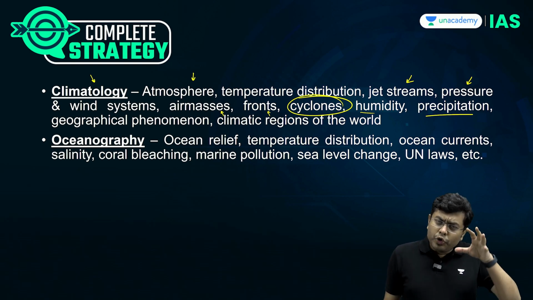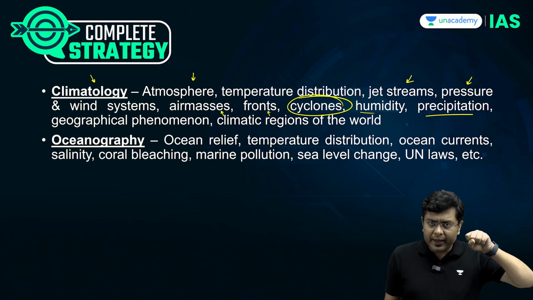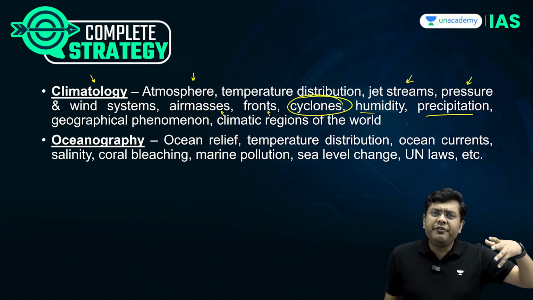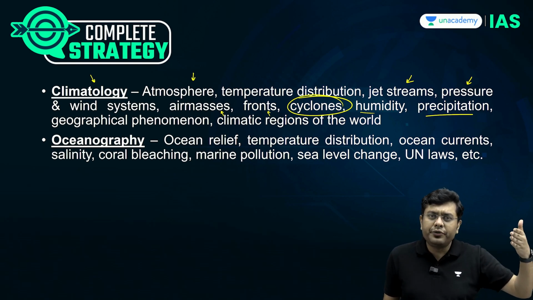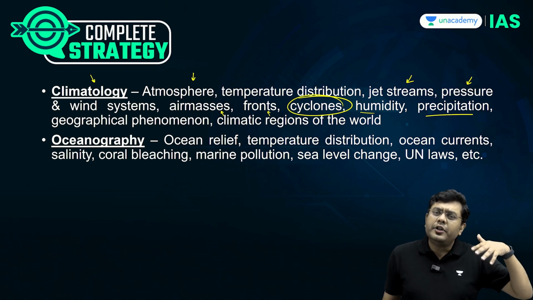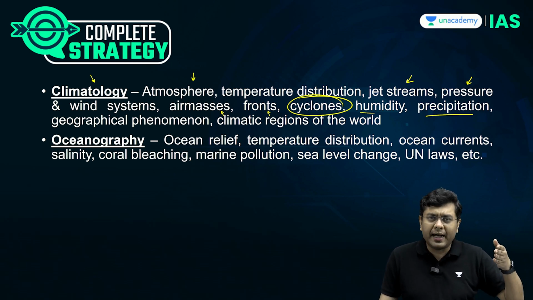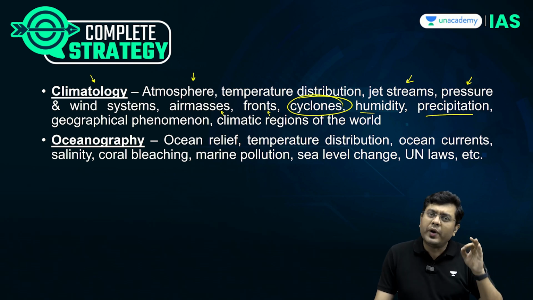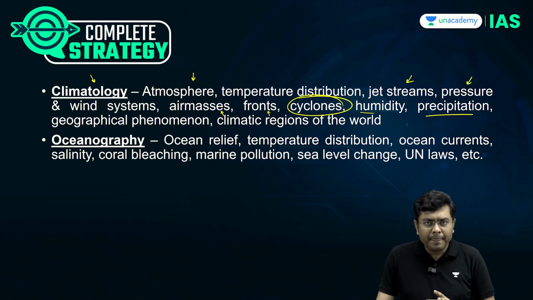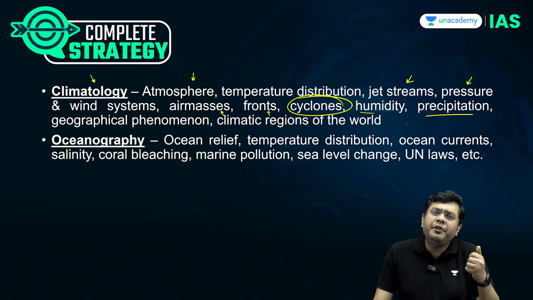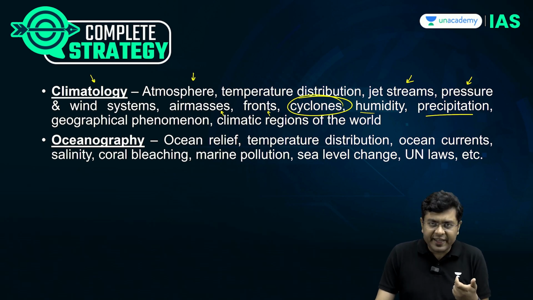Now here, UPSC does a particular trick. Any particular area which is in the news, let's suppose it is in the news that the troposphere is experiencing a significant warming or something like that, UPSC will ask you a question associated with the troposphere. And it will be a kind of derived question, a derived concept.